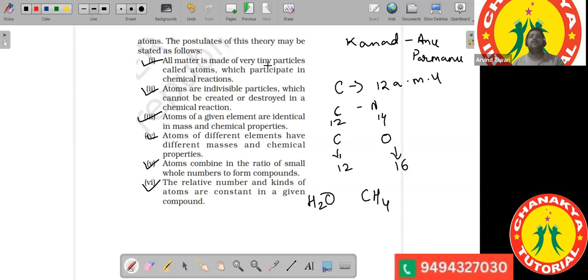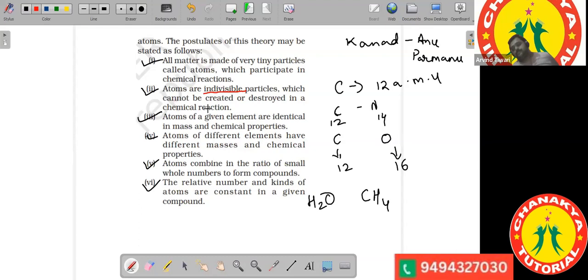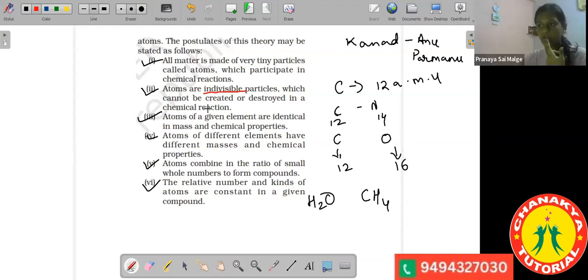All matter is made of very tiny particles called atoms which participate in chemical reactions. Okay, this is right. But the second one, atoms are indivisible, is false, as atoms can be divided into electrons, protons, and neutrons. But electrons, neutrons, and protons can't be independent. So maybe the second one is right, but the third one I feel is wrong because of isotopes.